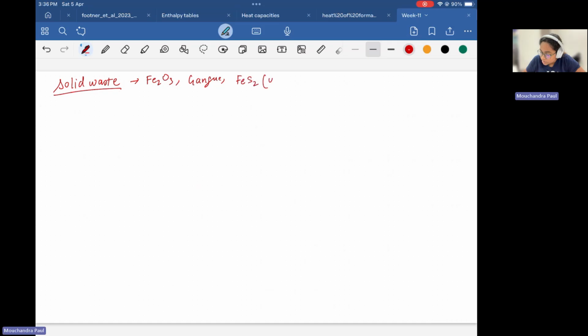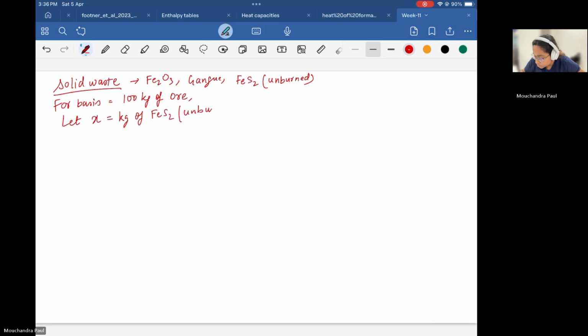This FeS2 is basically unburned, which has not burned, it is becoming part of the waste. So for the same basis, that is 100 kg of ore, let X be the kg of FeS2 that has unburned.